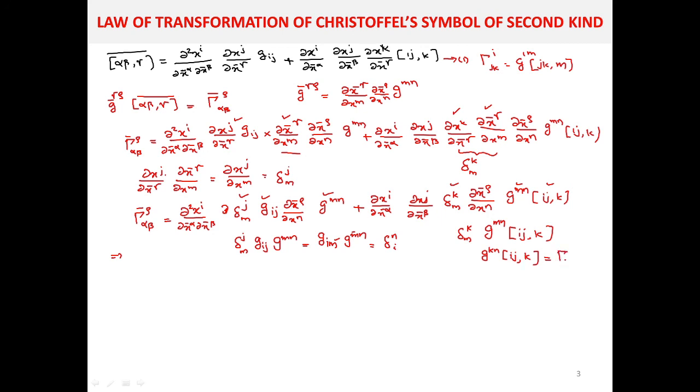Its value is the Christoffel symbol of the second kind, that is gamma. Here it is i and j, so the lower indices are i and j. Here k is the common index, so you have to write n here, so it is Γⁿᵢⱼ.